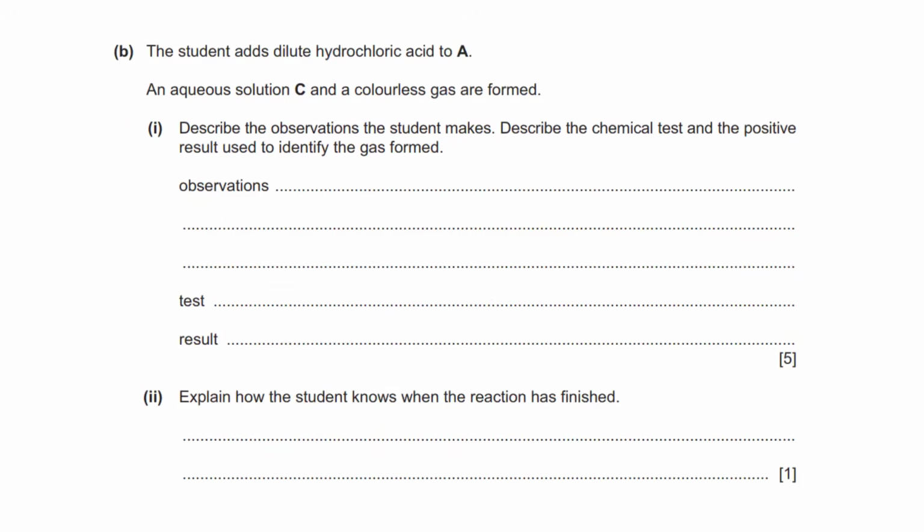Then moving ahead to part B, it says the student adds dilute hydrochloric acid to A. Then an aqueous solution C and a colorless gas are formed. Describe the observations the student makes. Describe the chemical test and the positive result used to identify the gas formed.